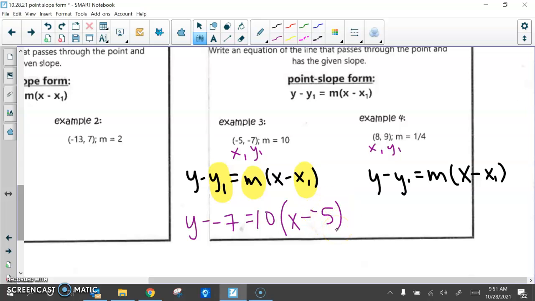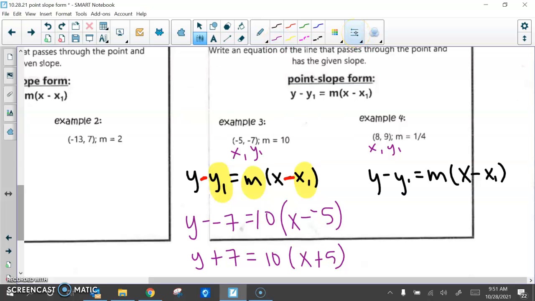I need to simplify this because there's lots of negatives going on. So y plus 7 equals 10 times x plus 5. Remember, with this formula, it's always minus signs between the y's and between the x's. That's never going to change.